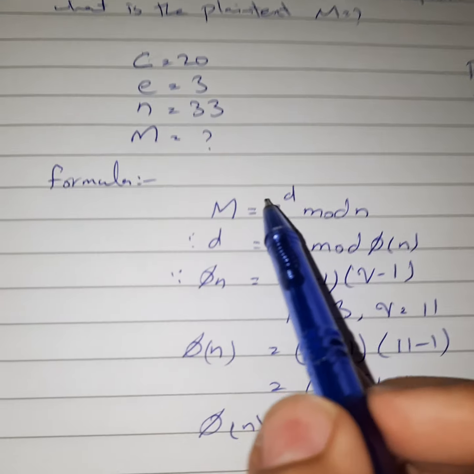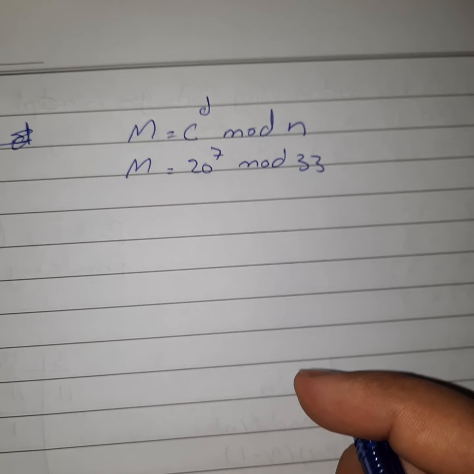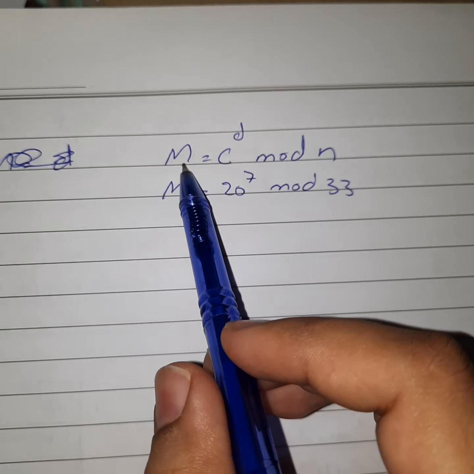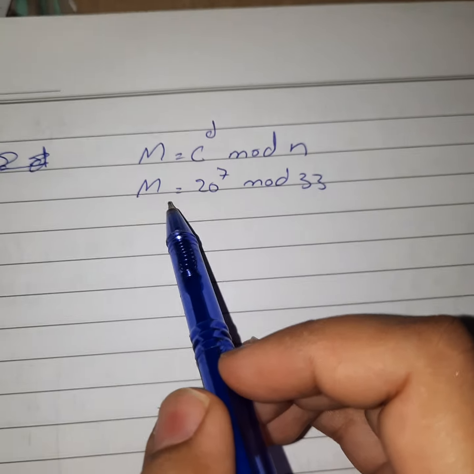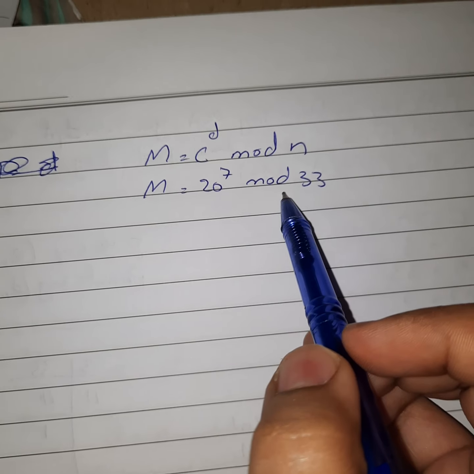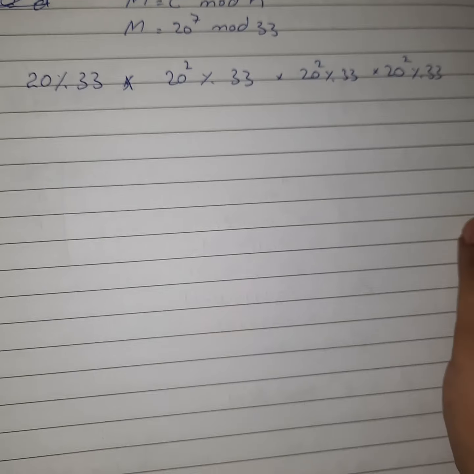Now we have the D, we have to find the M. So here M is equal to C raised to power D mod N. M is equal to 20 raised to power 7 mod 33.